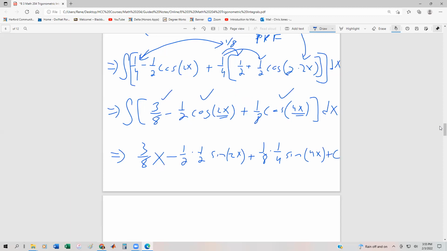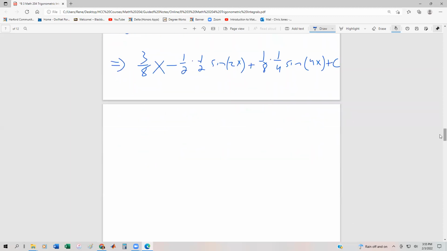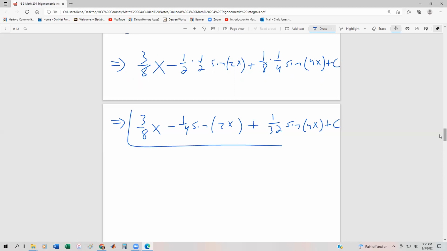Just enough room to plug in a constant of integration. And now finally, we can write our final answer, okay, or one form of it. So it's going to end up being 3/8 x minus 1/4 sine of 2x plus 1/32 sine of 4x plus our constant of integration c.